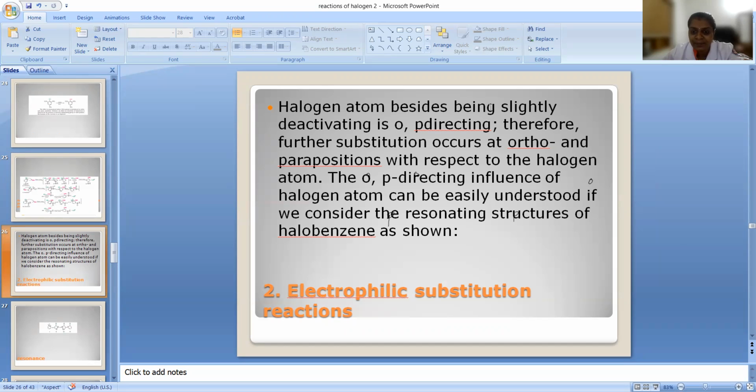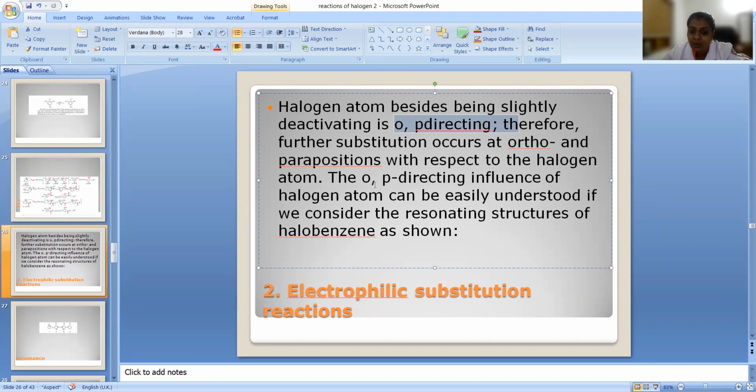The halogen atom is an ortho para directive, so the incoming group will be directed to the ortho and para positions. That is very important. We have already seen that the 2 ortho positions and 1 para position are electron rich, so the positively charged incoming electrophile will be directed towards them.